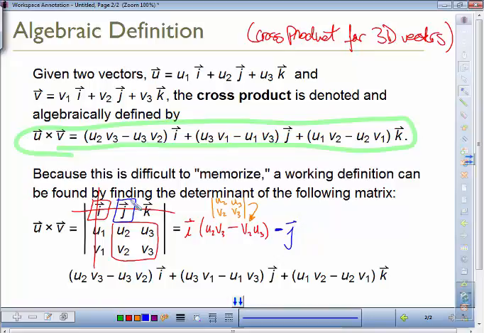All right, now imagine you're expanding on the first row and you're on that j component. You cross out the row and the column that it's involved in, and what you have left is another 2 by 2 matrix that you can put together.